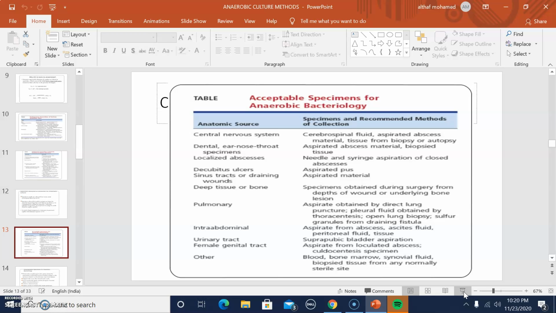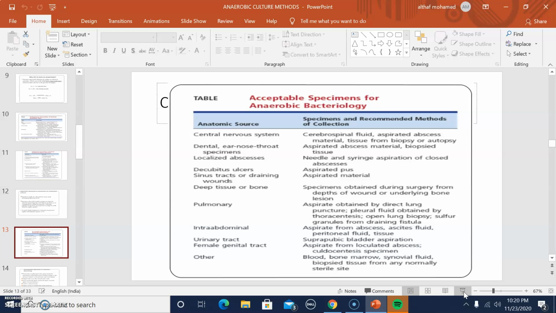So these are the acceptable specimens for anaerobic bacteriology. In the case of the central nervous system, acceptable specimens are CSF, aspirated abscess, and tissue from biopsy or autopsy. In the case of dental, ear, nose, and throat specimens, aspirated abscess material and biopsy tissues are required.